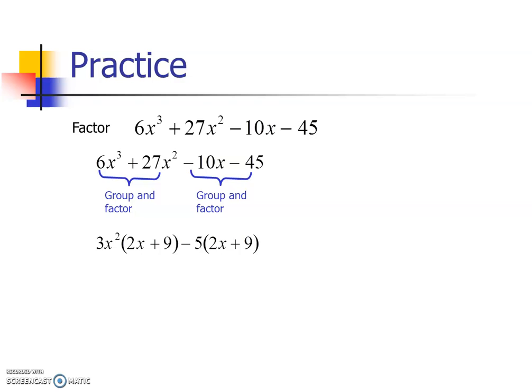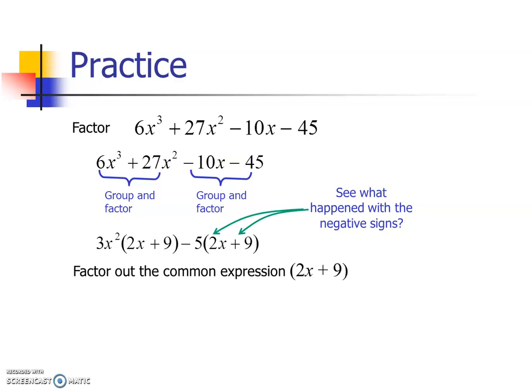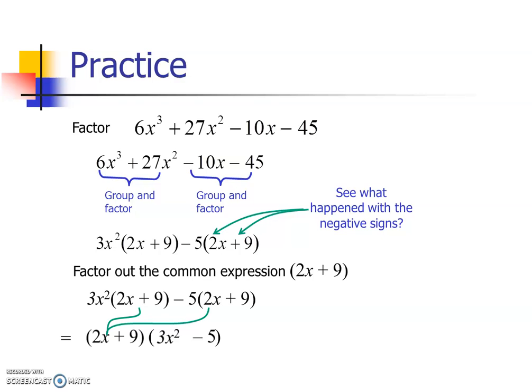So notice that the sign where the negative 45 was has turned into a positive because you factored a negative out of that term. Our two brackets match exactly, so we throw those two x plus 9s out in the front. And here comes the animation. The x plus 9s go out in front. 3x squared minus 5, the leftovers, go into the second bracket. Now, sometimes there's another step involved in these, but for now, that's where the question ends.